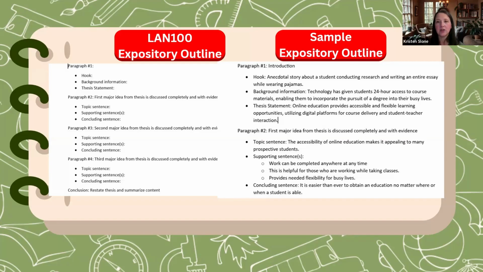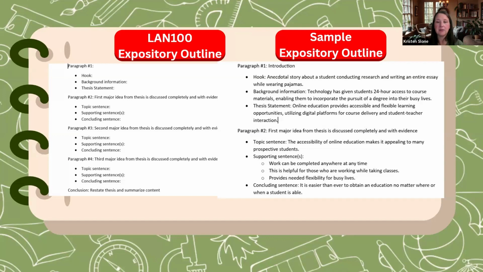Technology has given students 24-hour access to course materials, enabling them to incorporate the pursuit of a degree into their busy lives. And then my thesis statement, okay? My topic here is online education. Online education provides accessible and flexible learning opportunities, utilizing digital platforms for course delivery and student-teacher interaction, okay?